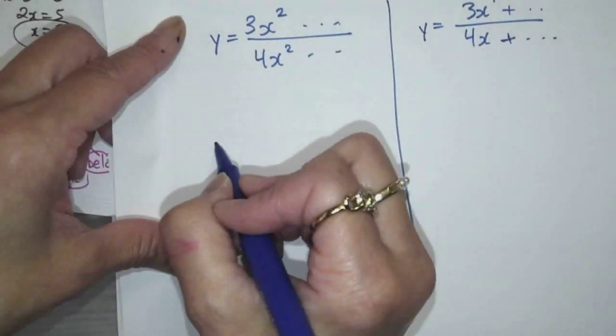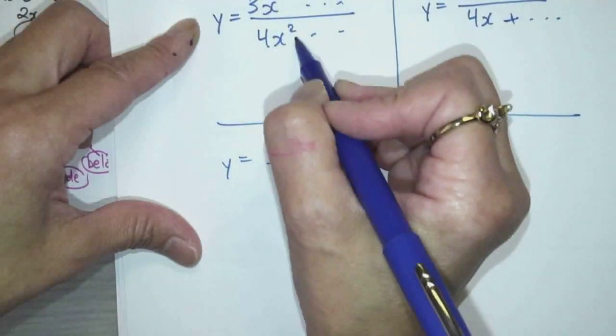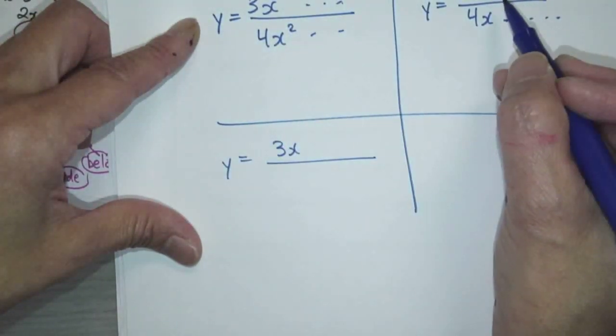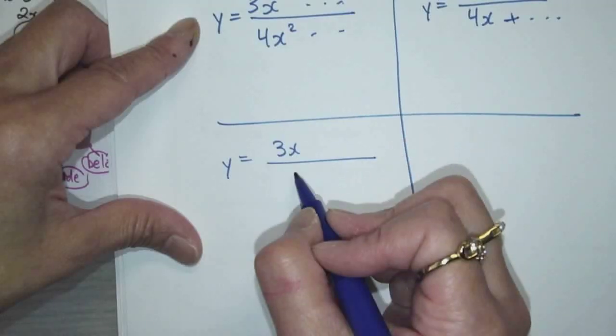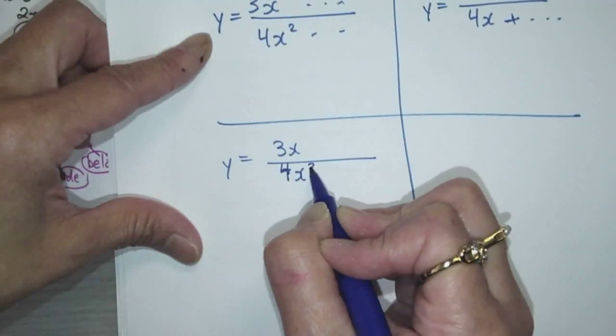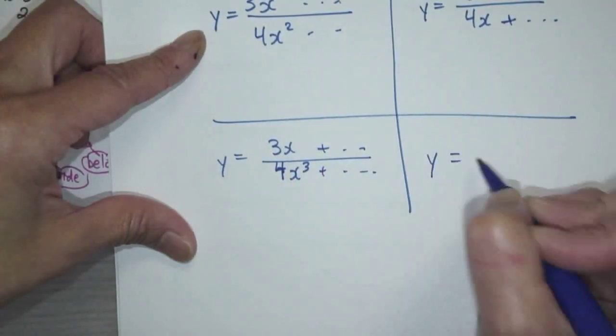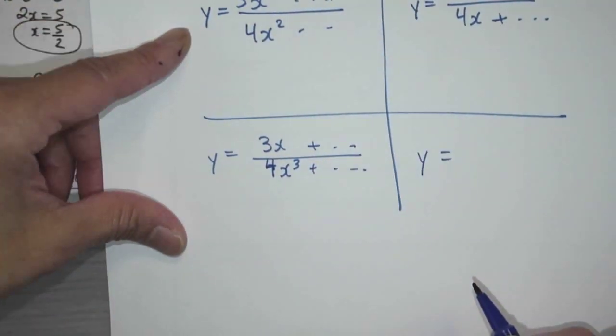I'm trying to do the possibilities. So I have same, higher. What else could I have? Higher on the bottom, something else there. And then what's my other possibility? What are the 4 possibilities I can have?